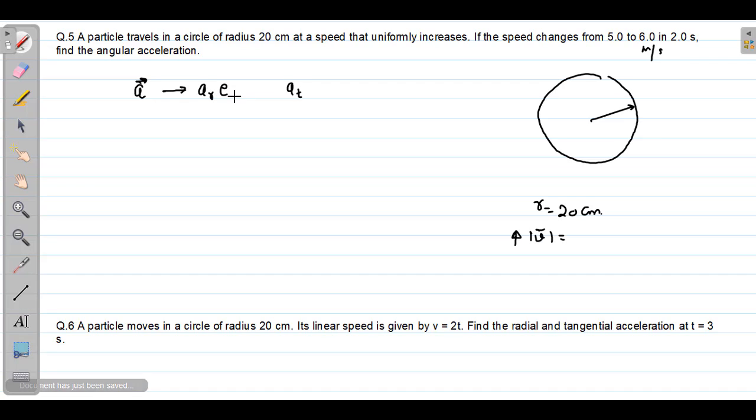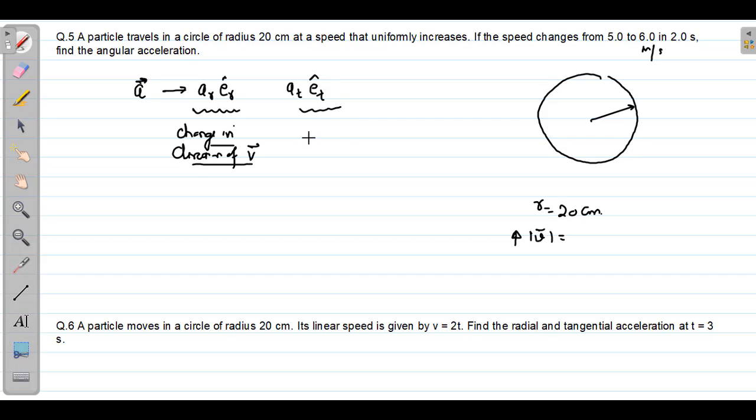The radial component is along unit vector e_r and the tangential component is along unit vector e_t. The radial component is due to the change in direction of velocity v, because in circular motion, as the particle moves, its direction changes. Due to this change in direction, there is an acceleration along the radius that is called radial acceleration.